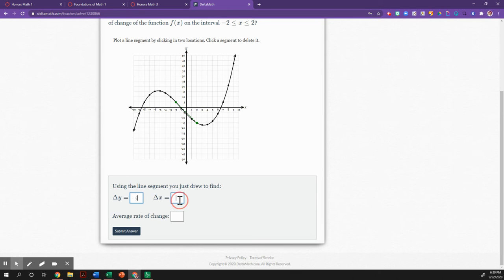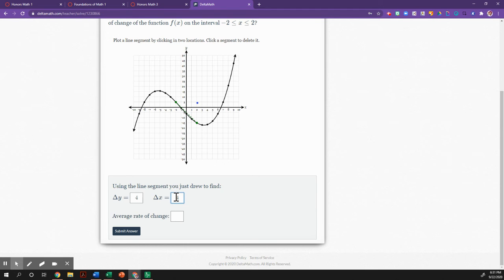Now, there's a problem with the way I was counting. If I went up 4, I have to pick up from that point and count this way, because that left movement is negative.